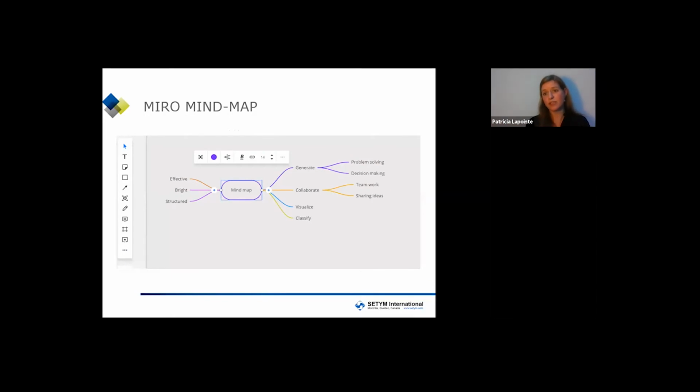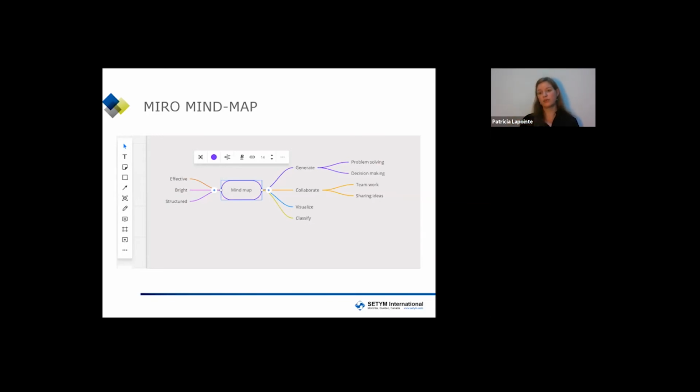All right, so I mentioned earlier as well that we can do a Miro mind map. What's interesting is that instead of taking your notes in a regular Word document, you can use Miro for setting up your meeting agenda and writing your meeting notes, visually appealing.